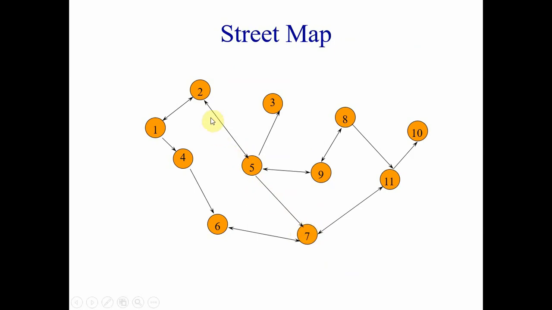But if it allows bidirectional or two-way traffic, you can use an arrow with heads for both directions. These are examples to illustrate the usage of digraph and undirected graph.